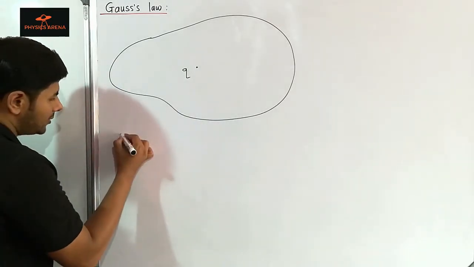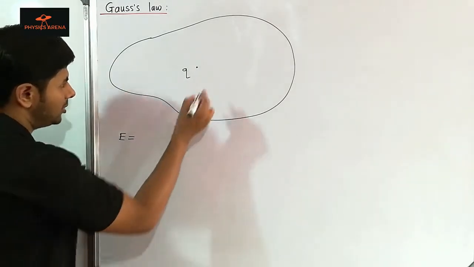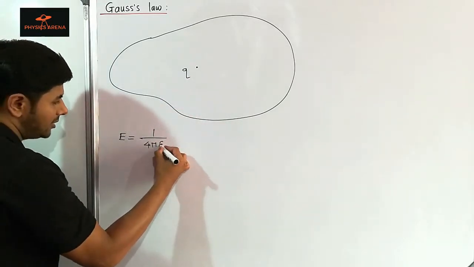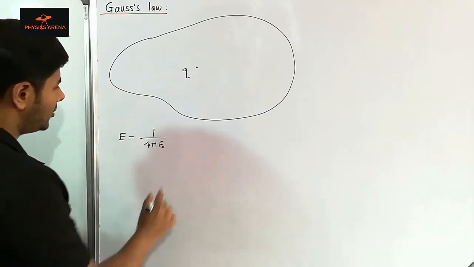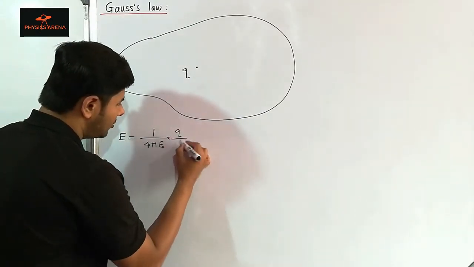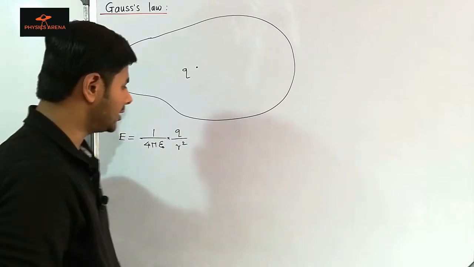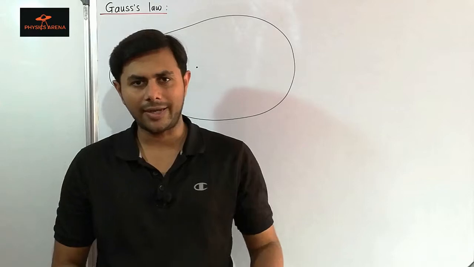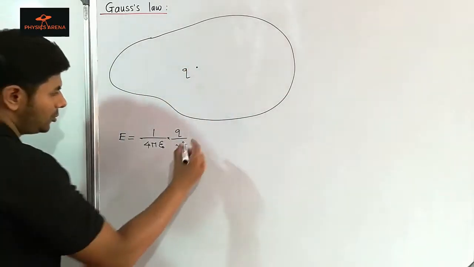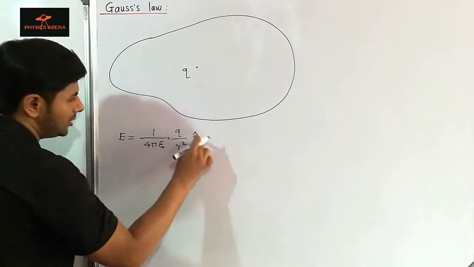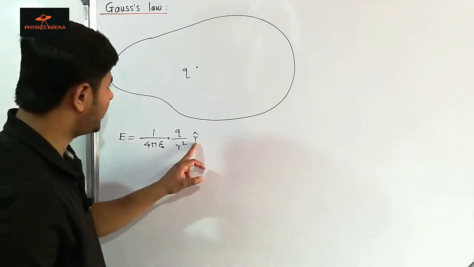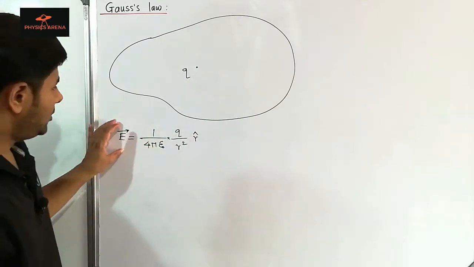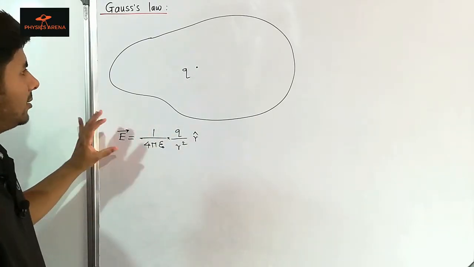We know that the electric field due to the charge q at distance r away from it is given by 1 over 4 pi epsilon naught multiplied by q divided by r square. The electric field is in the radial direction, so to show the direction, we use this unit vector in the radial direction. So this is our electric field vector E bar.